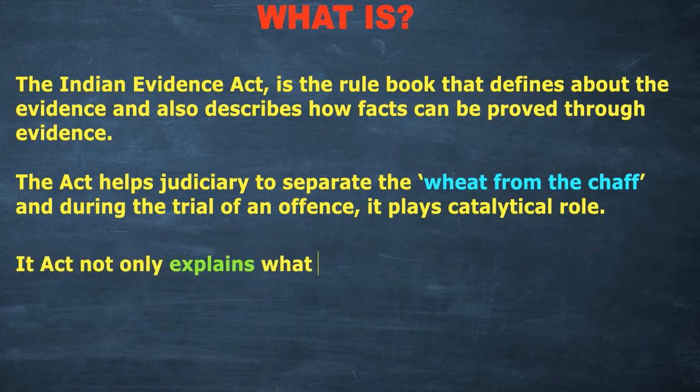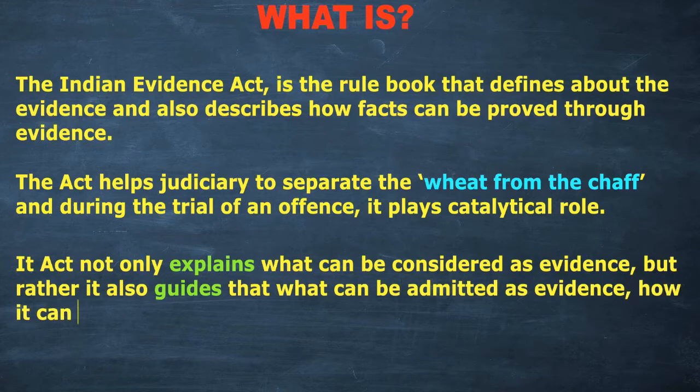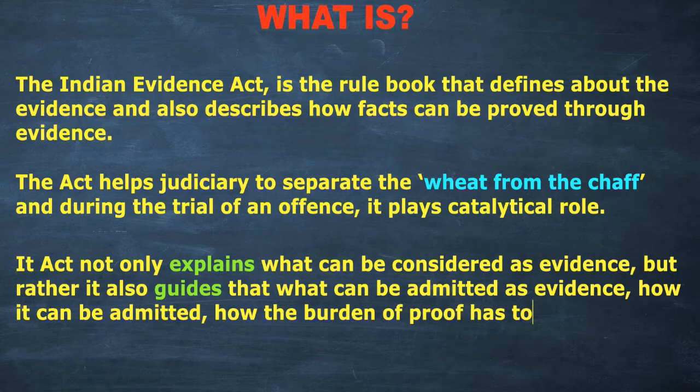Further, the Act not only explains what can be considered as evidence, but it also guides what can be admitted as evidence, how it can be admitted, how the burden of proof has to be discharged, etc. Okay, so the Act also guides to use an appropriate and uniform rule of practice and prevent inaccuracy in the admissibility of evidence.